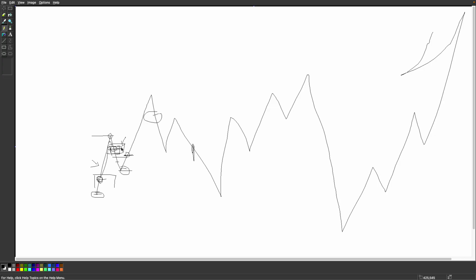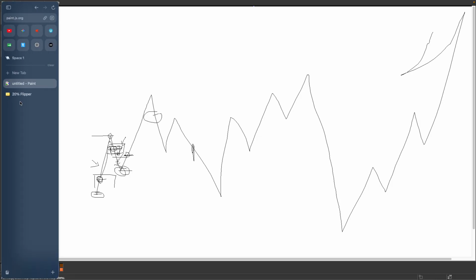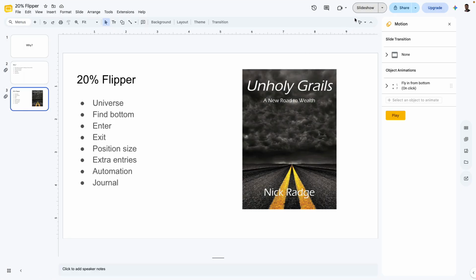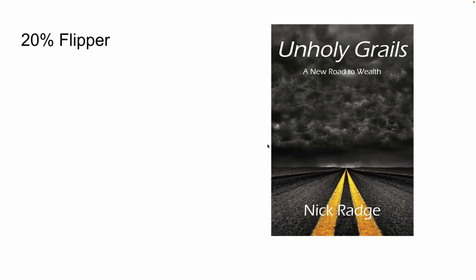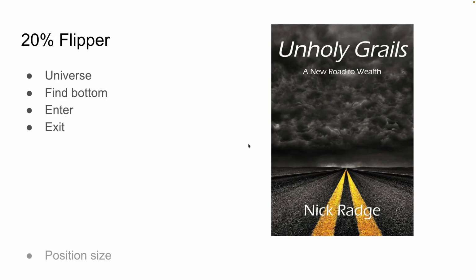If it moves below the lowest low, lowest low, lowest low, eventually it'll pick this bottom. And once it moves 20% off the bottom, that's your entry. It's clear, I hope. So that's the simple rules of the strategy.